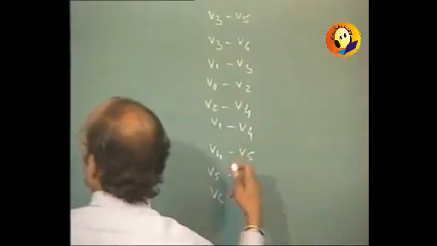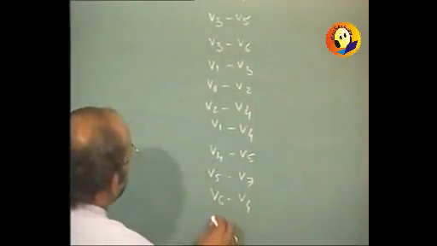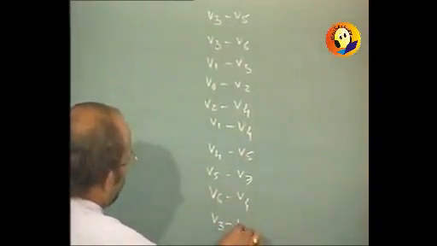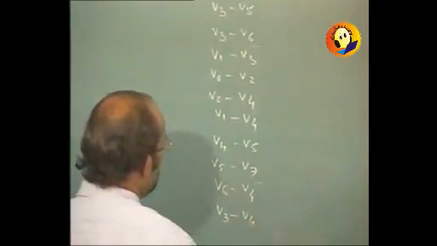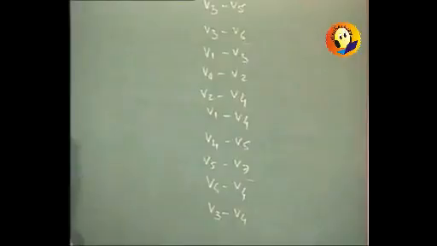Have we covered all the edges? V3, V4. 1, 2, 3, 6, 9, 11 edges. That was our problem last time, right?